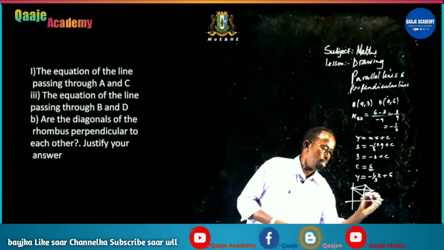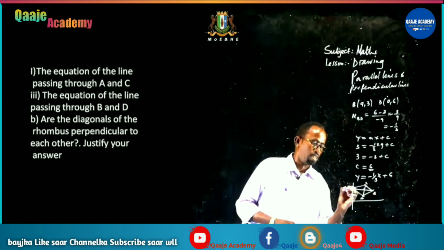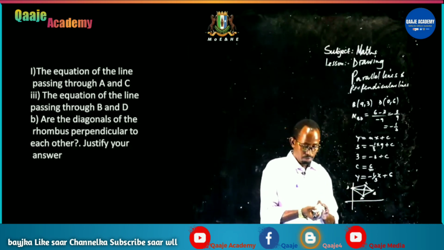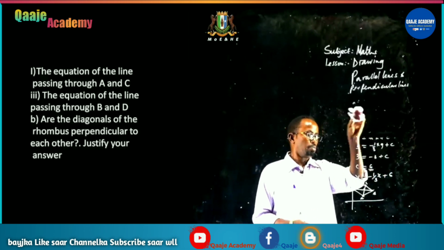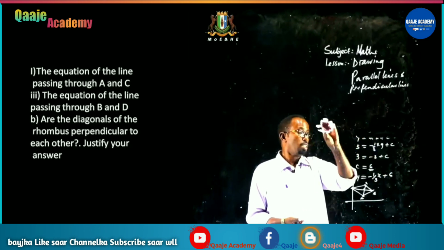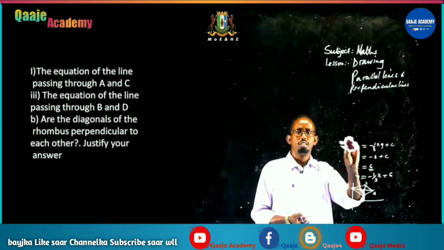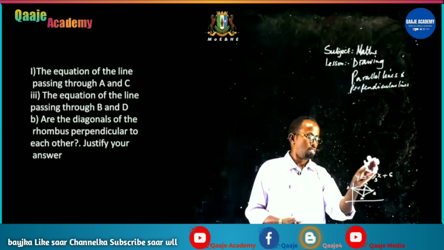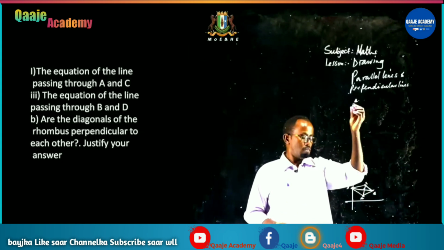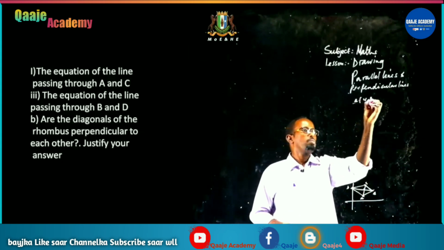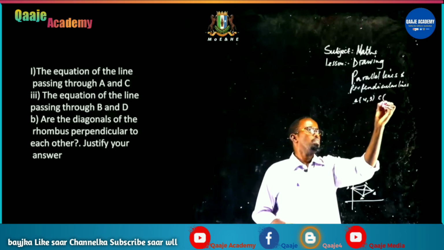So this is A, B, C, and then D. A is (4, 3) and C is (5, 6).